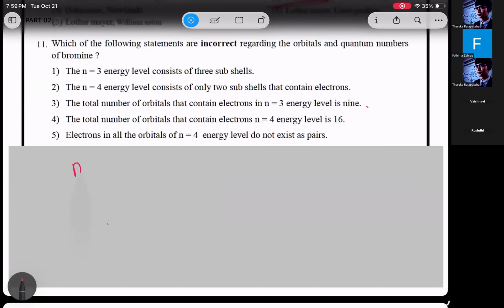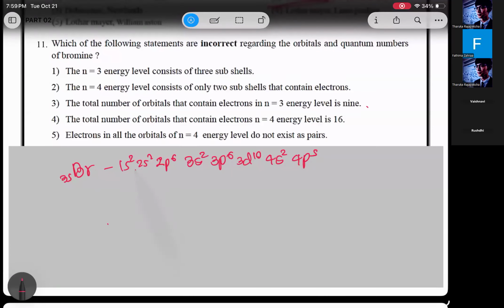Bromine is 35. 1s2, 2s2, 2p6, 3s2, 3p6, 3d10, 4s2, 4p5. So there you go.